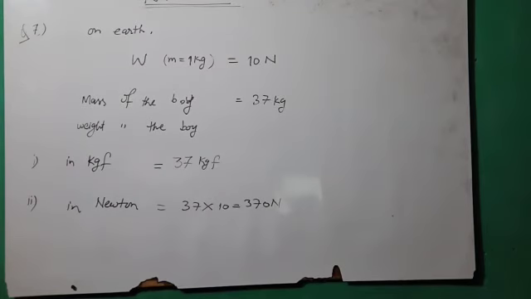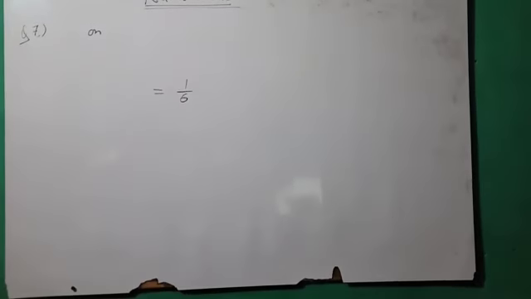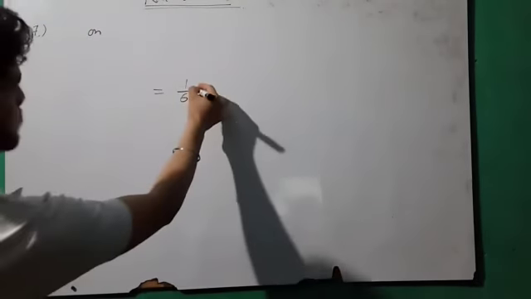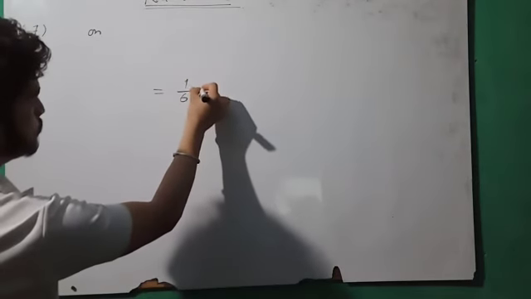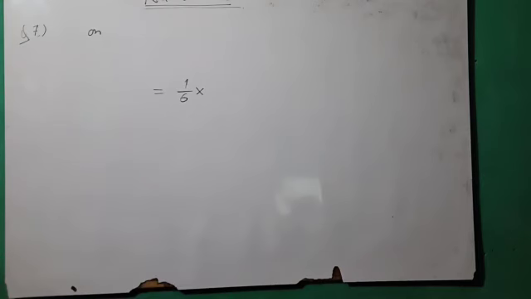For weight, first we have to find out the weight on Earth. The weight of the body on the Moon is 1/6 of the weight on the Earth's surface. So this is easy to find out.